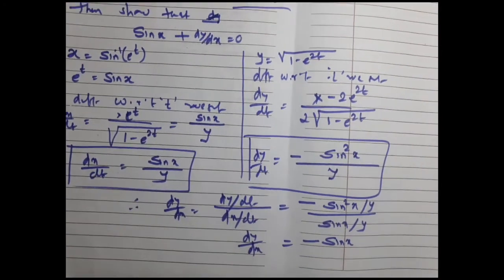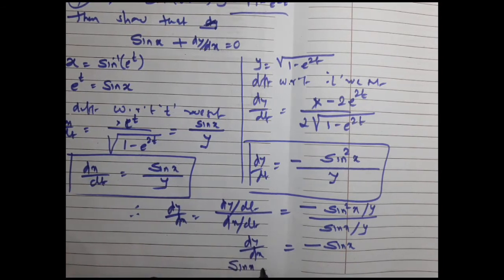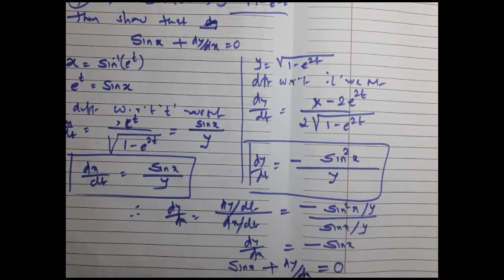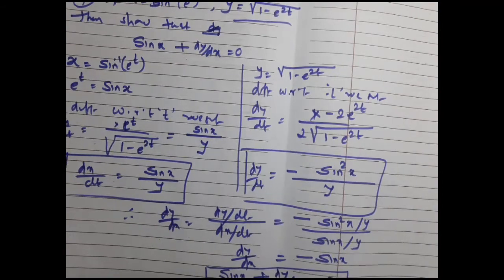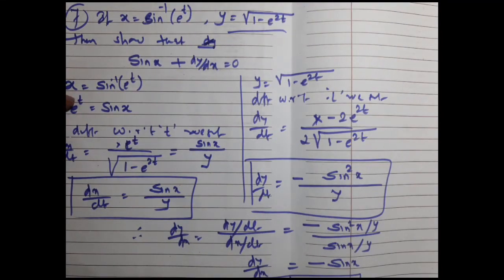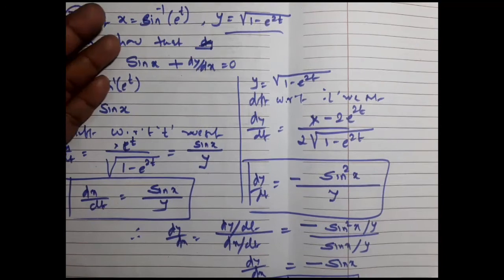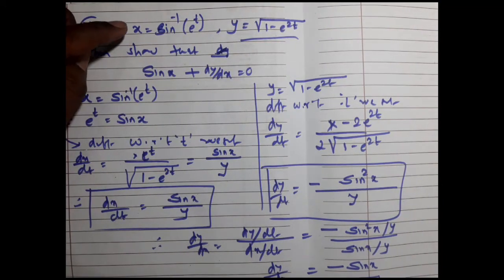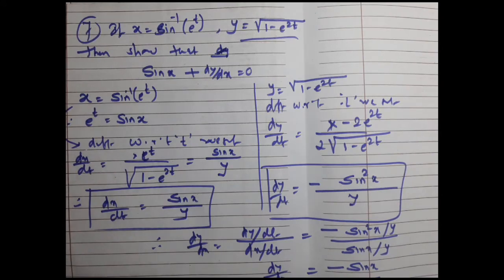But the required term is sine x plus dy by dx, so shifting sine x to this side, sine x plus dy by dx is equal to 0. This is the desired answer. Okay, very simple. Because sin x is required and not given, convert sine inverse e raised to t into sine x, and then if you treat it, you will get the required answer.